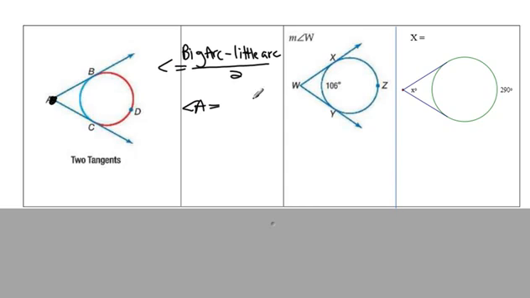Now, the only thing that's kind of tricky about this is that since these are two tangents, they don't have to give us all of the information that you think we would need. They only have to give you one piece of information. Because if this section of the circle is 106, then we can figure out what the remaining XZY is, because the total circle is 360 degrees.